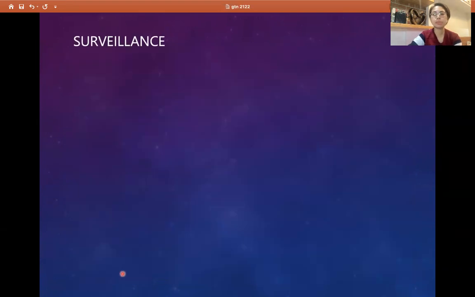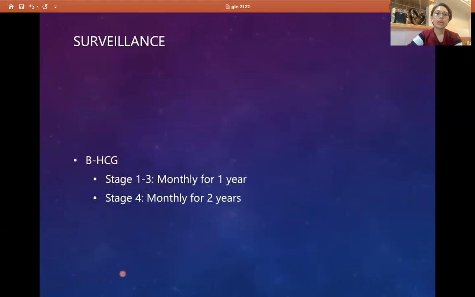Now, surveillance post-GTN. Again, very important recognition. RC is chemotherapy, and the S is surveillance. So for the surveillance, a sensitive test to determine the beta HCG for stage 1 to 3, monthly for a year, and stage 4, monthly for 2 years.